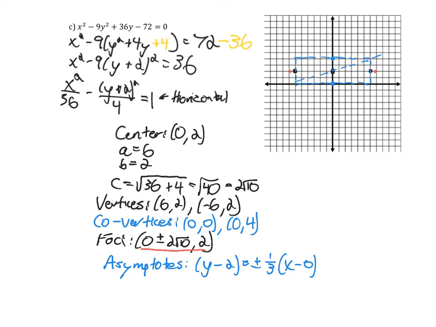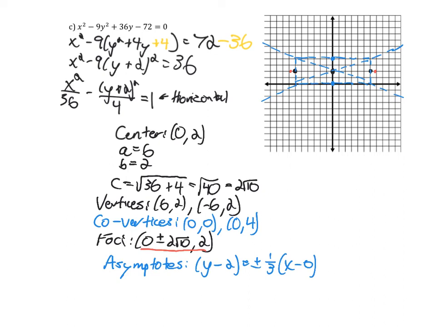Goes through each of the corners of that box. And those are going to actually be the graph of my asymptotes. If you were to actually change them into slope-intercept form and try to graph them, you would get that same line. Right? So if you remember that your asymptotes go through the corners of each of the box, it makes it really easy to plot them.